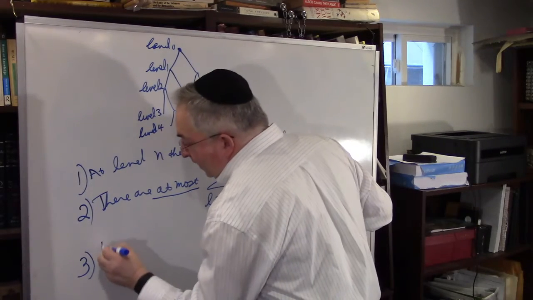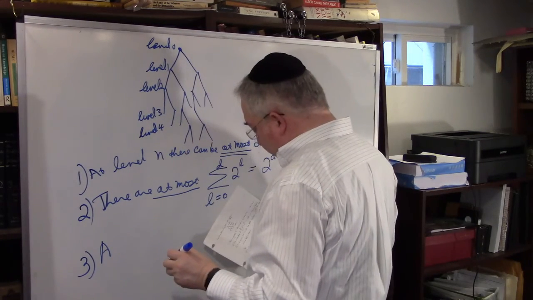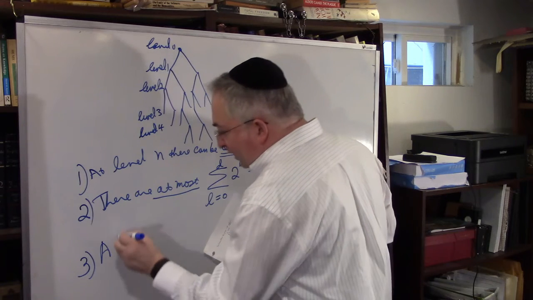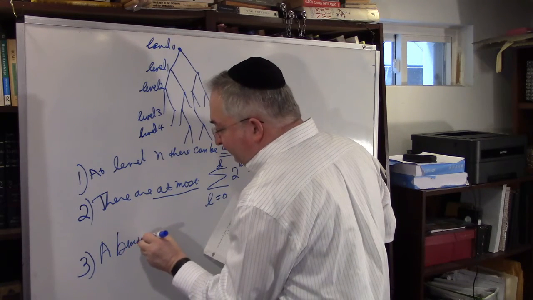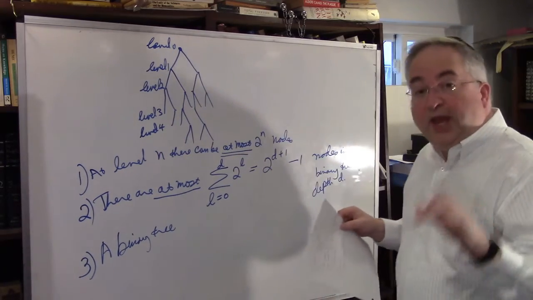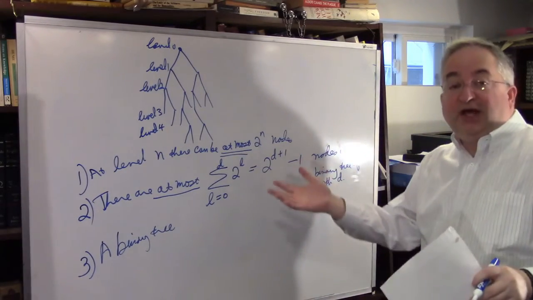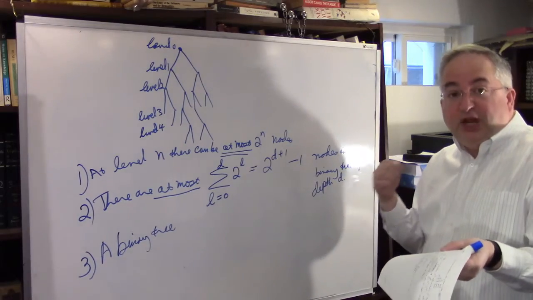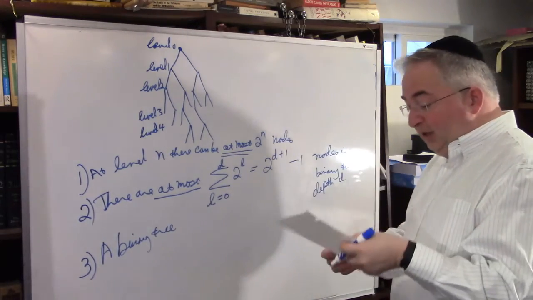Okay. Let me write this out and figure it out in a second. A binary tree. Okay, this is 3 rules about binary trees. And again, there's obviously a lot of rules about binary trees. I'm cherry picking those that I know we will need.